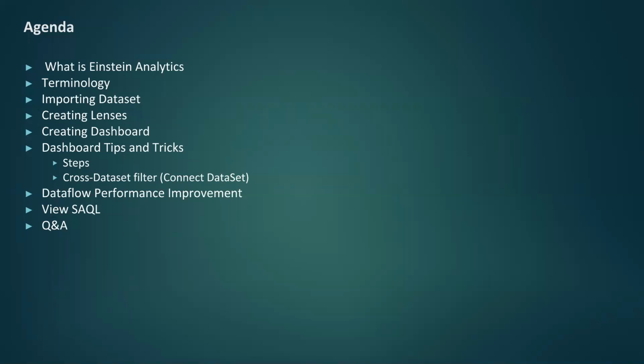Don't worry about the terminology. I'm going to cover most of it, considering you are attending this session for the first time. And if you are already experienced, then later in the session there is going to be fun. We are also going to cover how we can do transformations inside Analytics Wave. So let's go ahead.